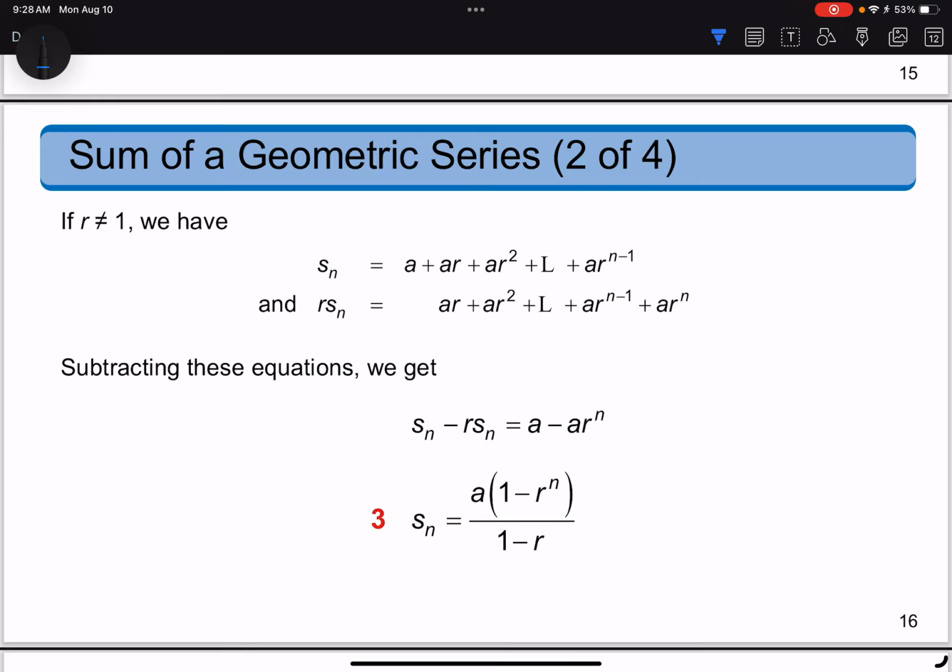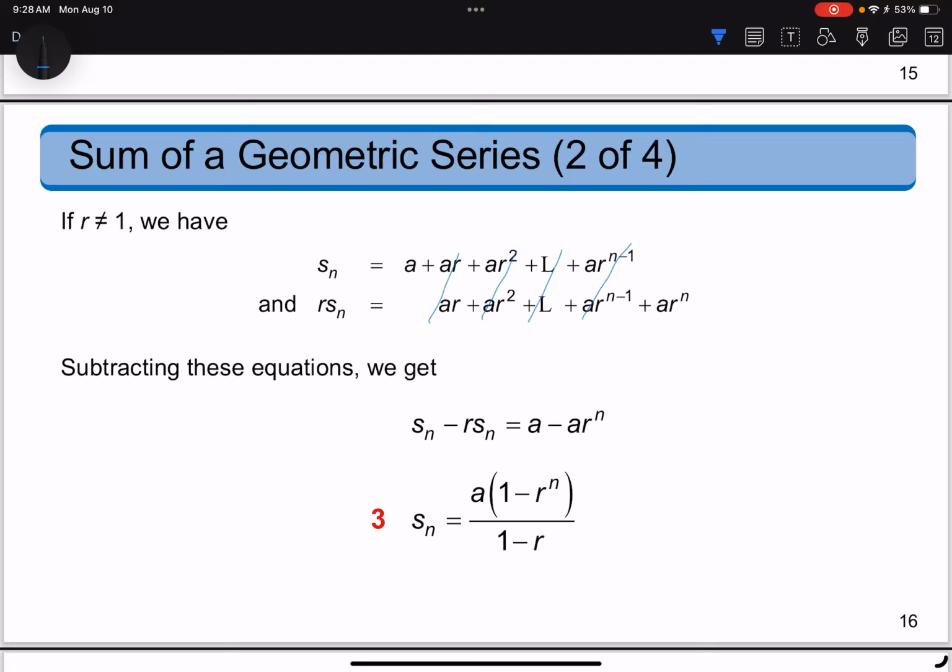The next thing to do is to subtract these two sums. So we will have s sub n minus r s sub n is equal to, these terms are common, so the difference is a minus ar raised to n.